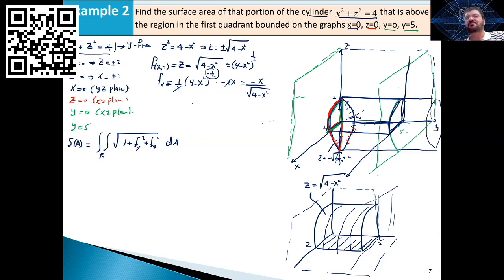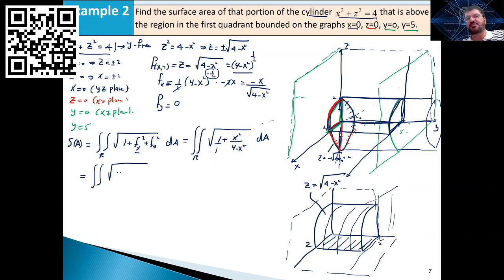This is fx. How about fy? There is no y whatsoever in f. So that's a 0. So what is this equal to? The double integral of the square root of 1 plus, square this one now, right? It's fx squared. When you square that, what do you get? You get x squared over 4 minus x squared, dA over R. Let's simplify this one more. So this is equal to the double integration of the square root of, this is 1 over 1.